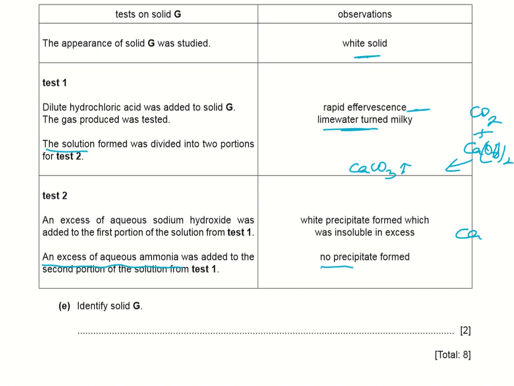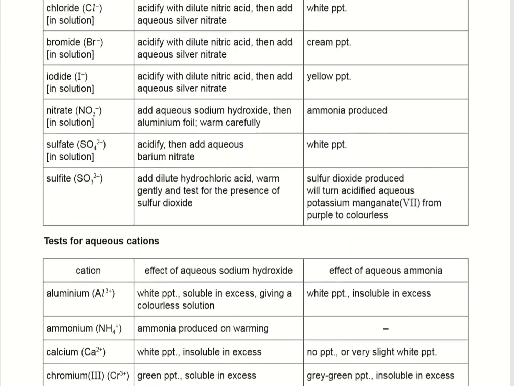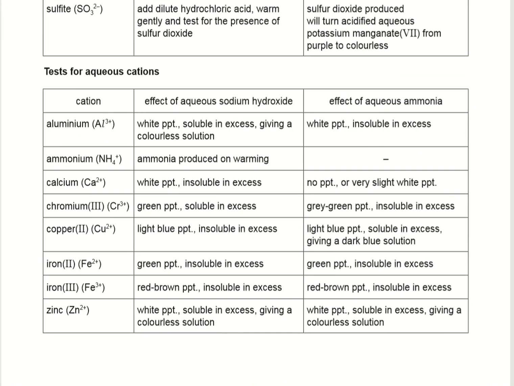So for us to conclude, let's look at the qualitative analysis page. You should be familiar with this. This is talking about tests for qualitative analysis, tests for anions, and of course tests for cations. If you check through, we have a substance that forms a white precipitate with a few drops of sodium hydroxide, and it's insoluble in excess.